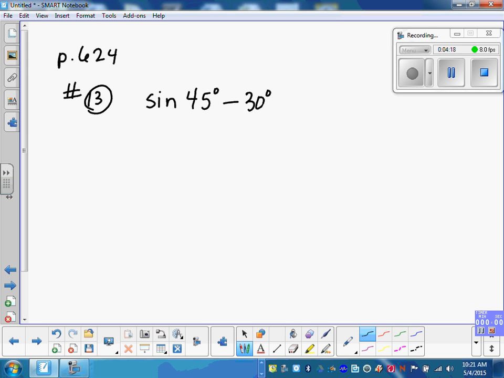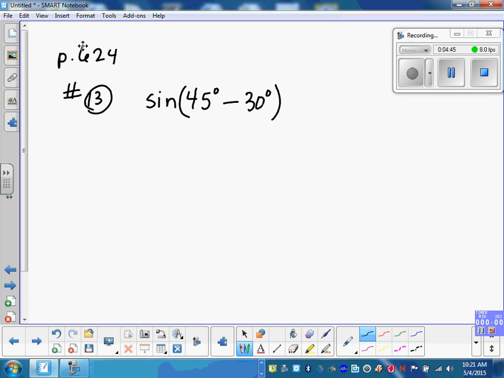And notice that it has parentheses around there. Well, the idea for the sum and difference formulas is to use angles that we know from our unit circle to calculate the values of items that we don't know, because I have not memorized the sine of 15 degrees. Have you? So you don't have to.